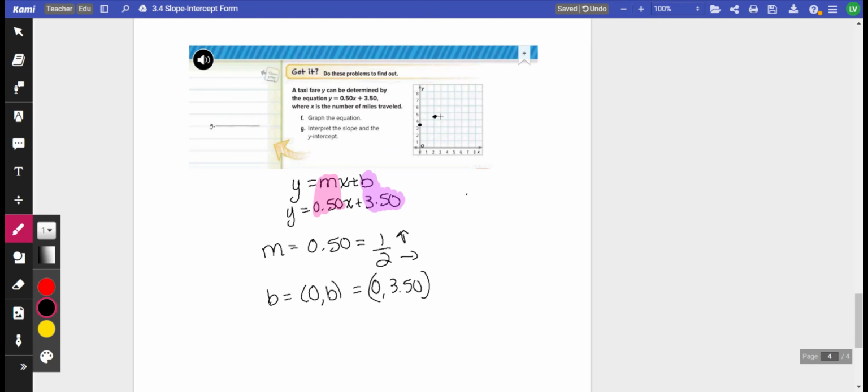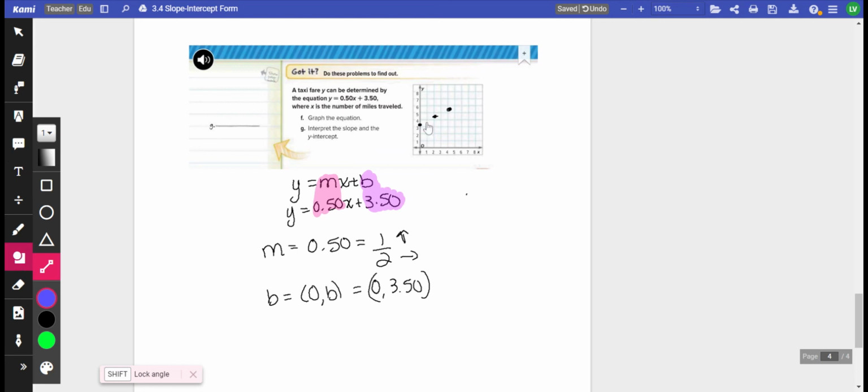So I have 2 points. I want to make a third point just to make sure that I have plenty to ensure I have a straight line. I'm going to go up 1 to the right 2. And then I'm going to draw a line between. So I recommend using a ruler or an index card. I'm using the line tool.